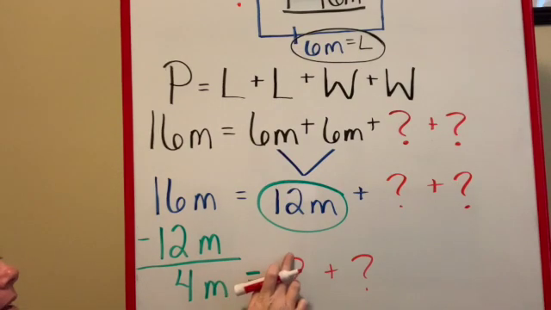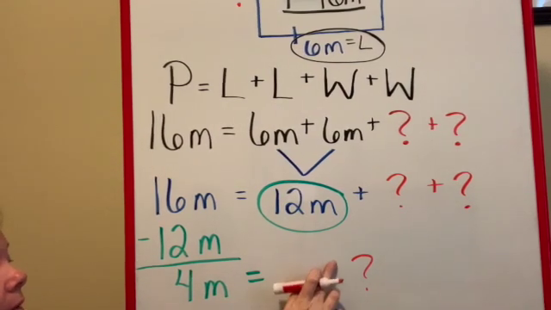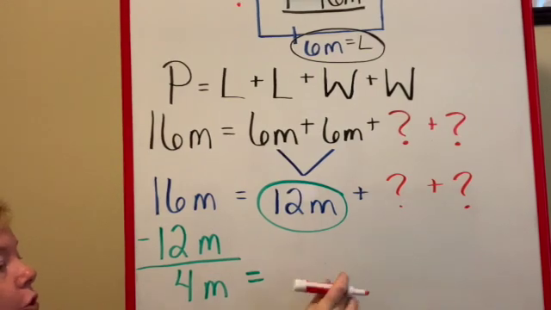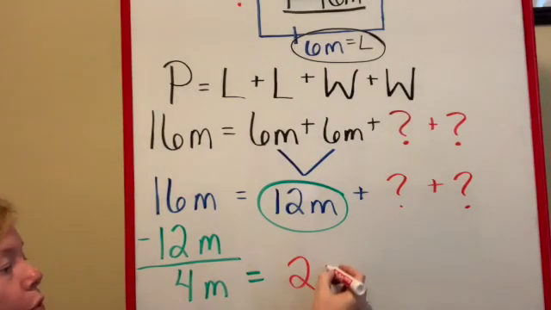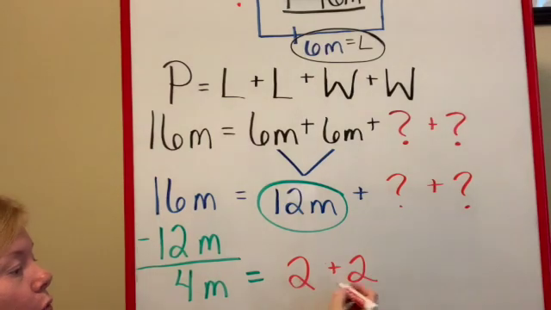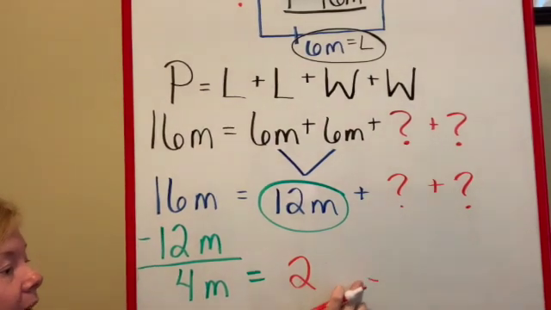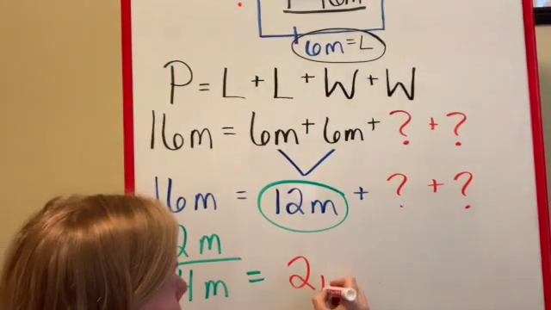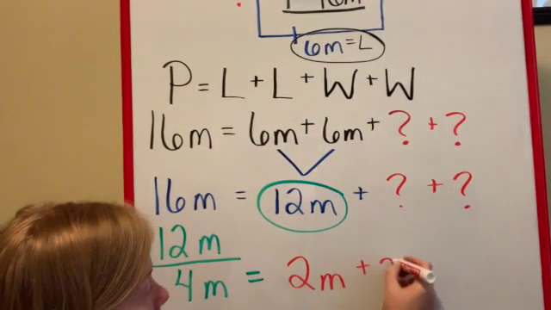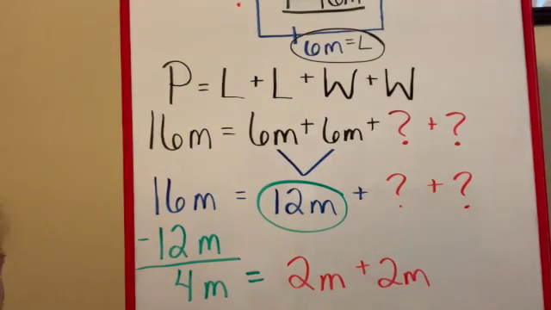Yes, it could be 2. 2 plus 2, and it's not just a 2. I hope you caught me. I hope you were yelling at me through the video. It's 2 meters plus 2 meters.